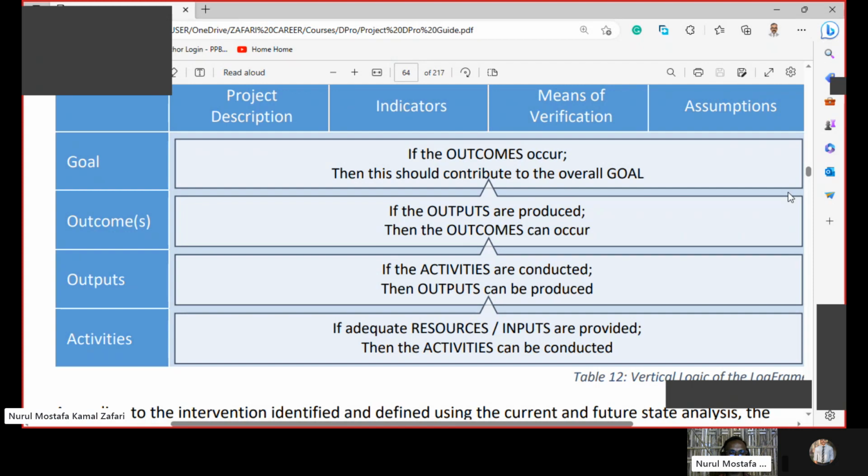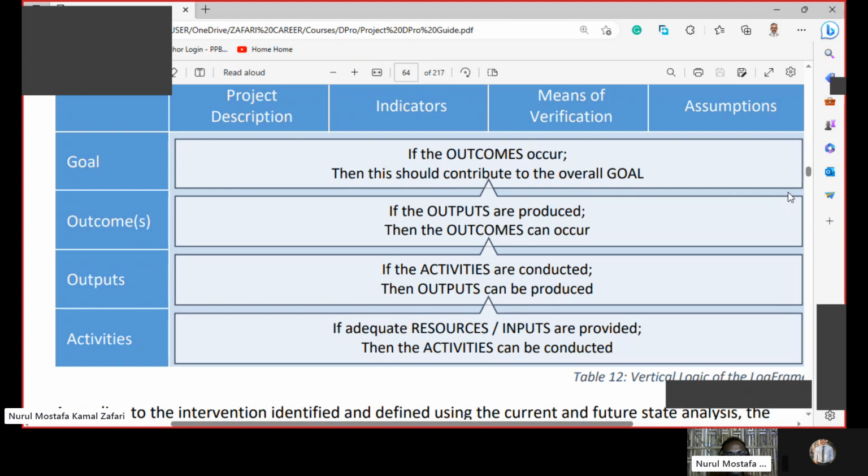Then the horizontal logics are the project goal, the project outcome, the outputs, and the activities. The project goal is the main objective of the project, then the outcomes, then the outputs, then the activities.